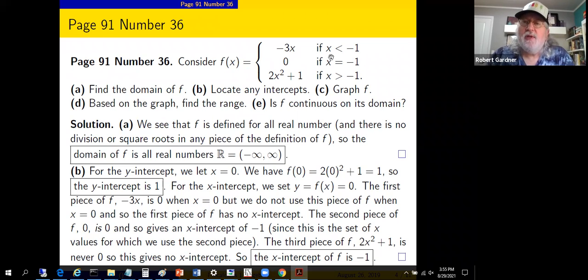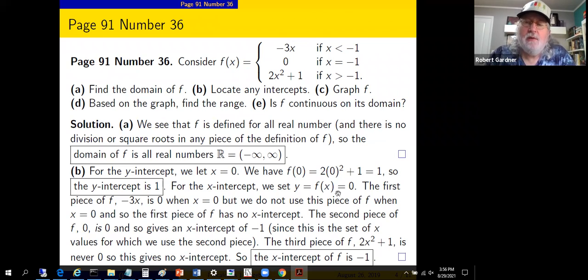No, this is only good for x less than -1. 0 is greater than -1. So it's that situation again where, yeah, -3x is 0 when x equals 0, but when x equals 0, f is not represented by this. We had to check this, but it doesn't give an intercept, because we require x to equal 0 for this piece to be 0, and this piece isn't what you use when x equals 0.